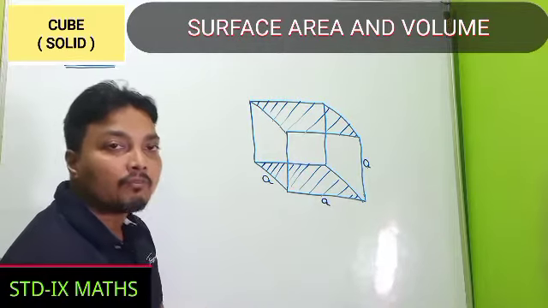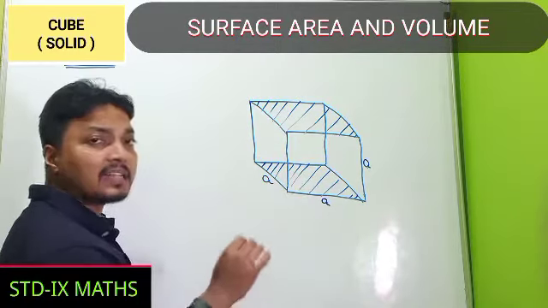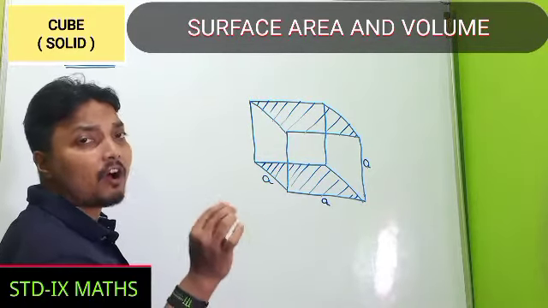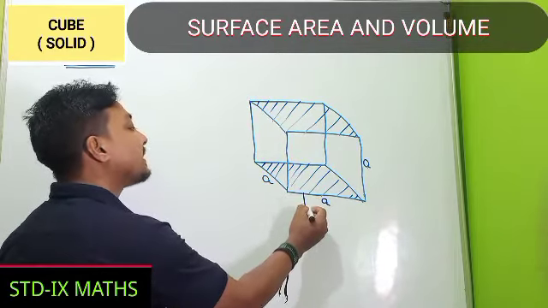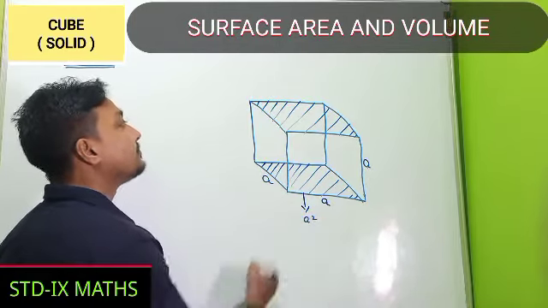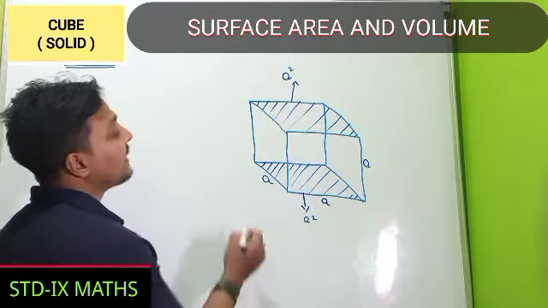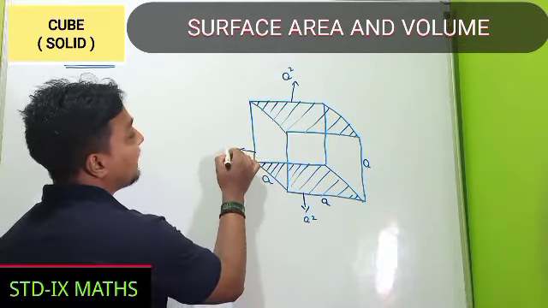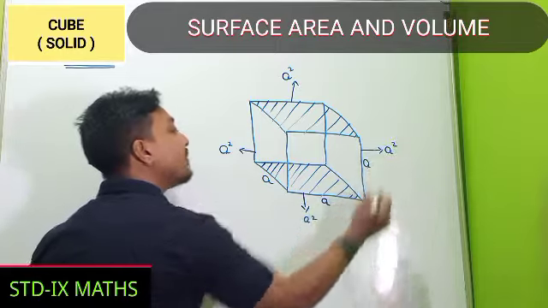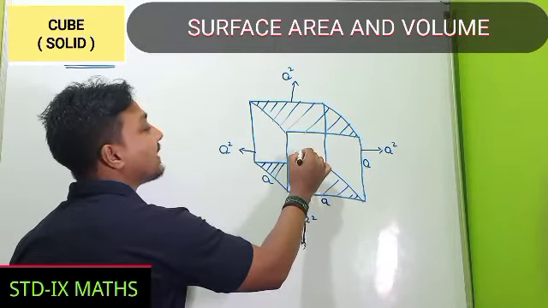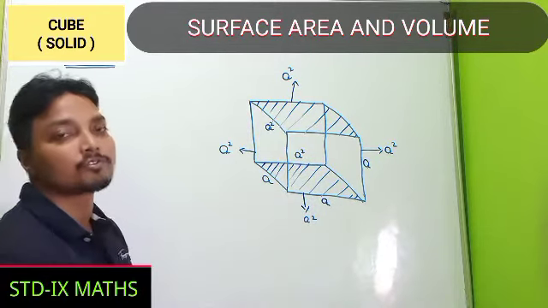As each face is a square, its area is a square: base a square, top a square, left side a square, right side a square, front a square, and back side also a square.